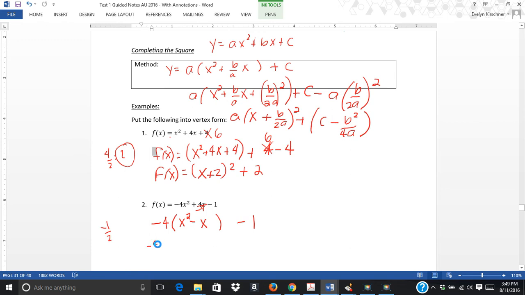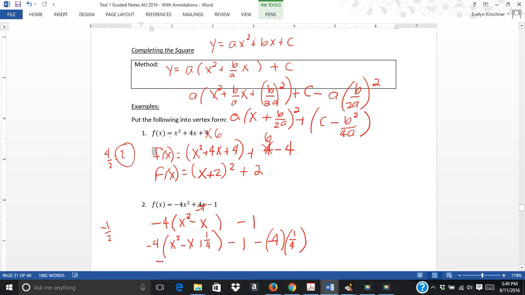Okay, so I have negative 4 here. I have x squared minus x, and then I have negative a half squared, which is plus a quarter. And I have minus 1 here from over there, and then I'm going to subtract that negative 4 times 1/4.